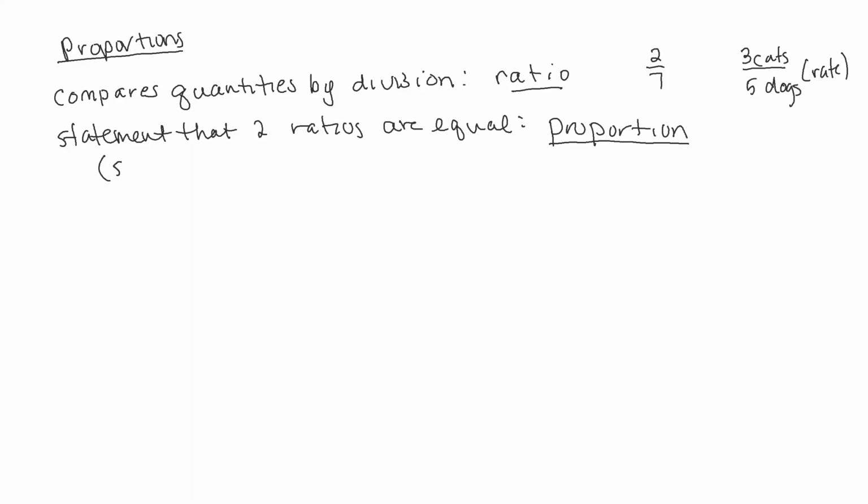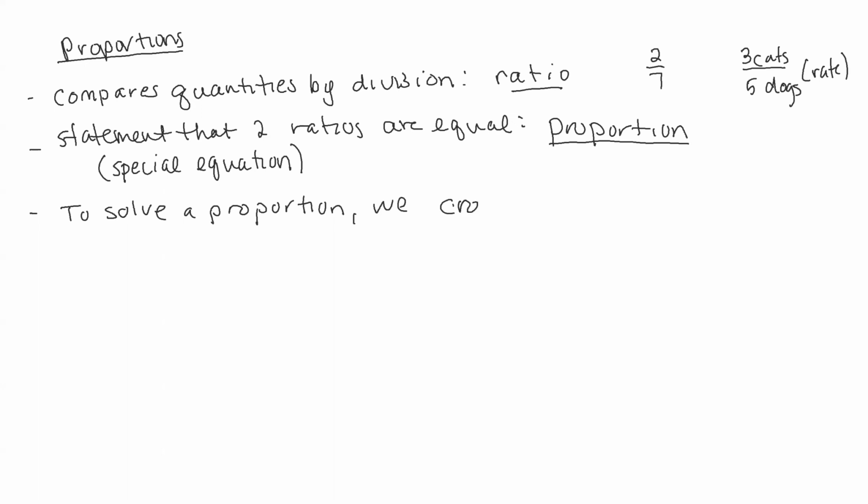So it is a special equation, okay, where two ratios are equal, okay? So it is an equation, all right? And then next up, to solve a proportion, we cross multiply. Multiply and solve, all right?